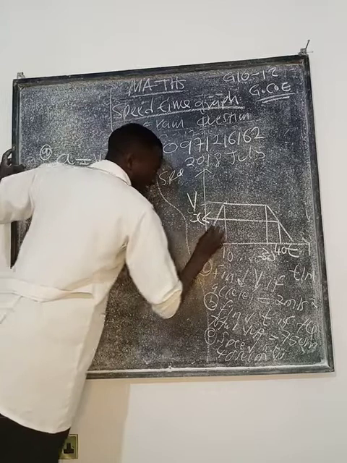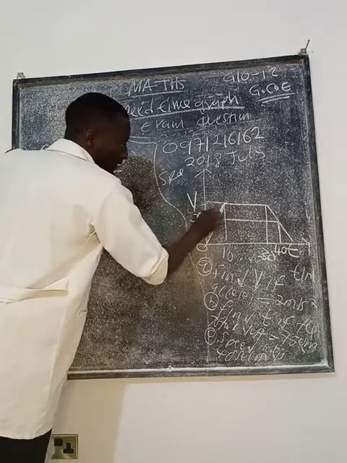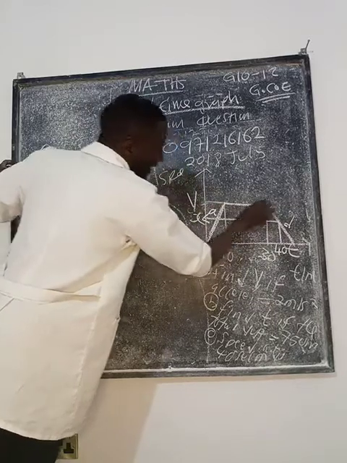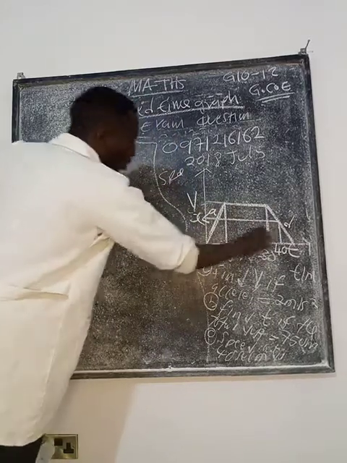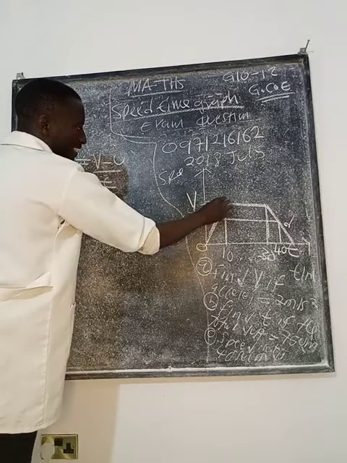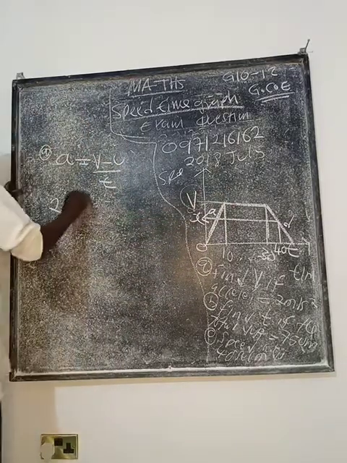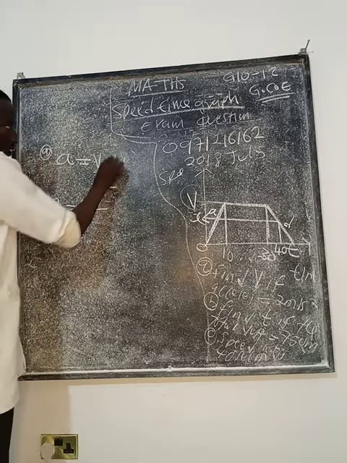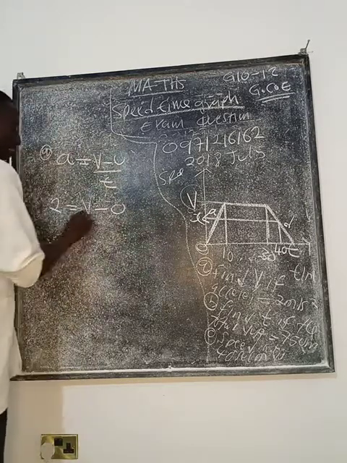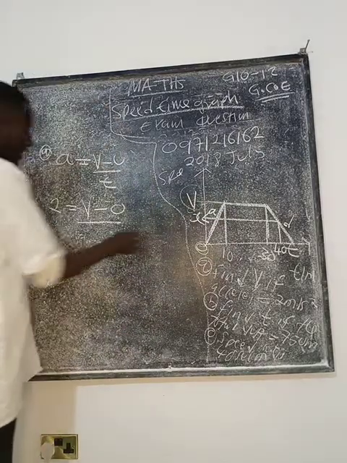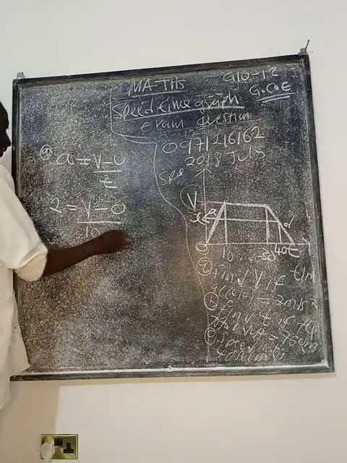Remember acceleration is found here, deceleration is found there, constant speed is found here. So what are the values at acceleration? The V itself, minus the initial U, the 0, over T. I've always been telling you, you have to subtract the first number from the last number. So it is 10 minus 0.